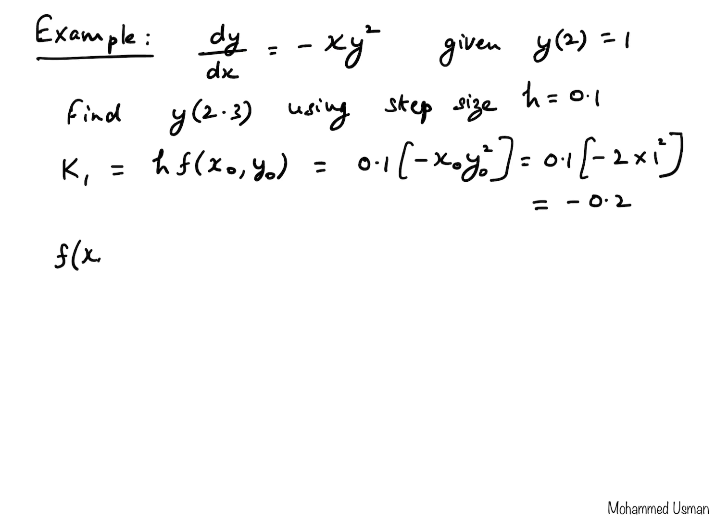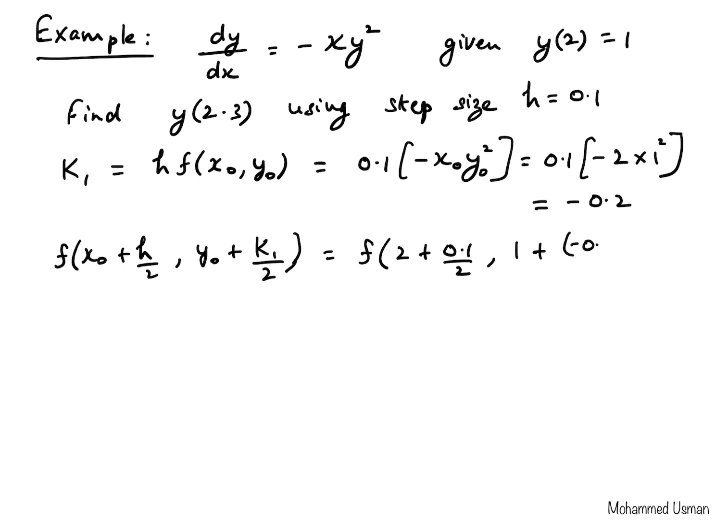So f of x0 plus h by 2, comma, y0 plus k1 by 2, will be equal to f of x0 is 2 plus h is 0.1 by 2, comma, y0 is 1 plus k1 is minus 0.2 by 2.